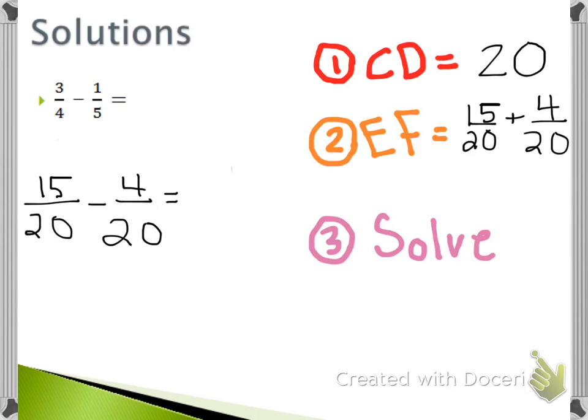Sorry about that. I wanted to write a 9 for some reason. 15 minus 4 is 11. And then I'm going to put that all over the common denominator of 20. And so now I have my answer, 11/20.